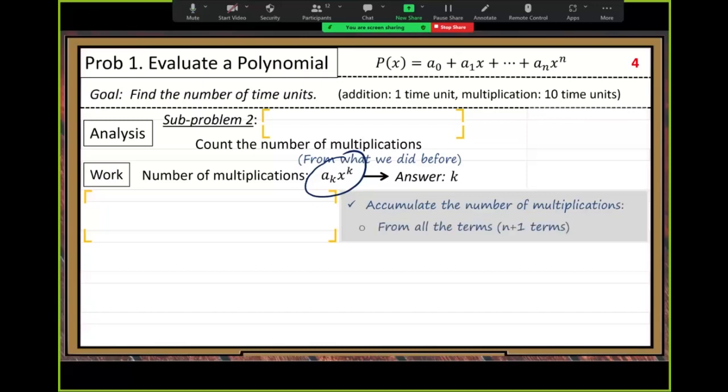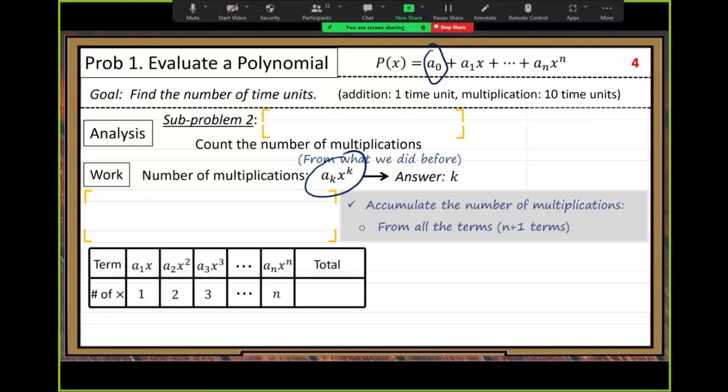From all the terms, here n plus 1 terms, but remember the first term, there is no multiplication. The first term has 0 multiplication. So only n terms need multiplications. Here, let me do the chart. For each term, the first term 1, second term 2, and so on. So we need to add up all these n numbers.